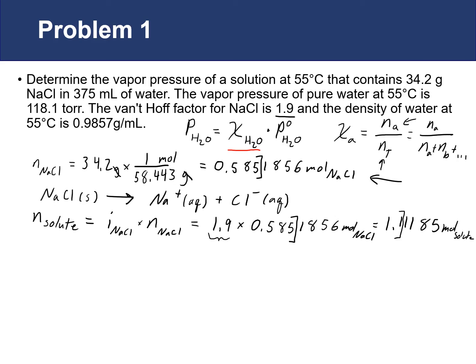Okay, we also, in order to figure out our mole fraction, need our number of moles of water. Number of moles of water is equal to 375 milliliters times our density, 0.9857 grams over 1 milliliter.